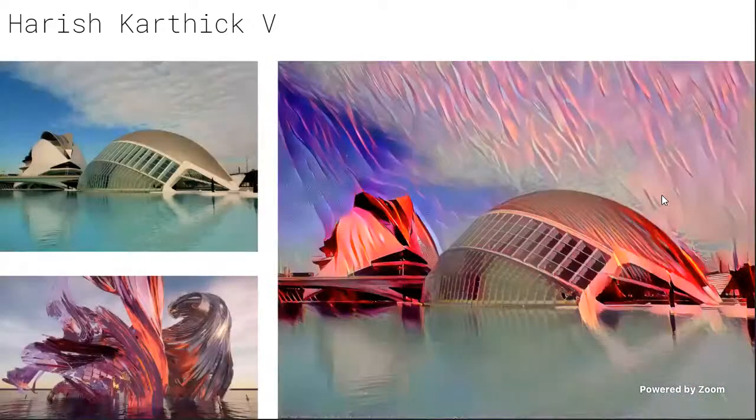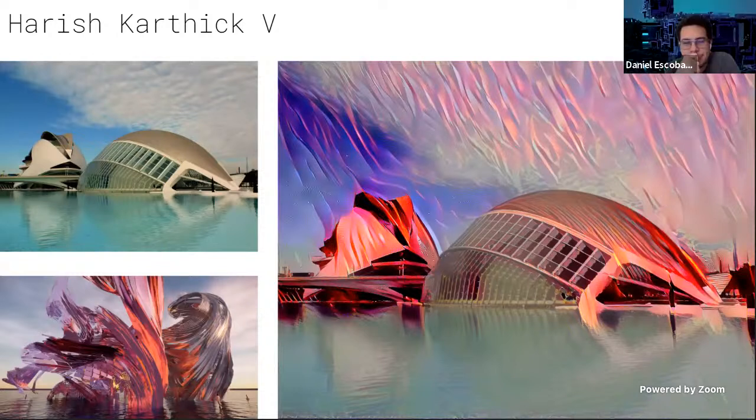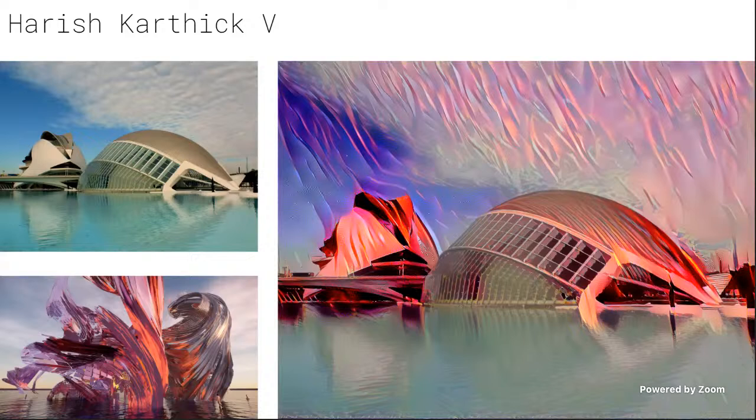The next one. In this case, I used a different image, although it is of the same project. I used the Valencia City of Arts and Sciences for the content. Here, I could observe that the cloud you see on the content image creates a visual effect that is also reflective of these two masses in my texture.